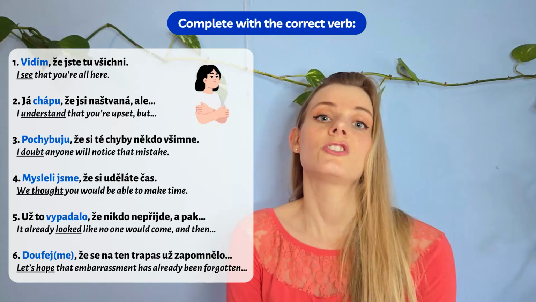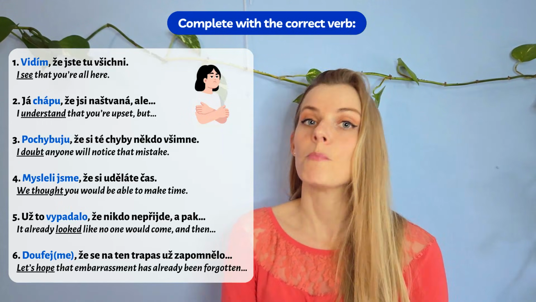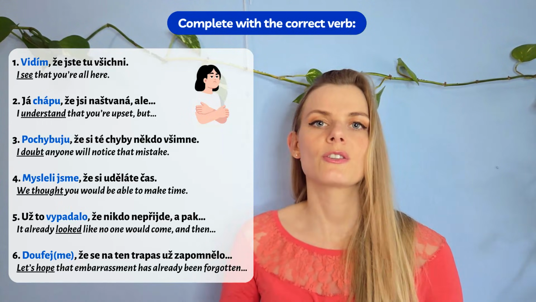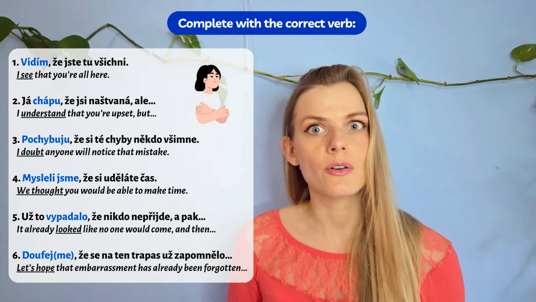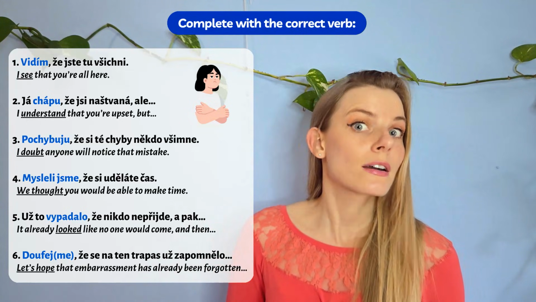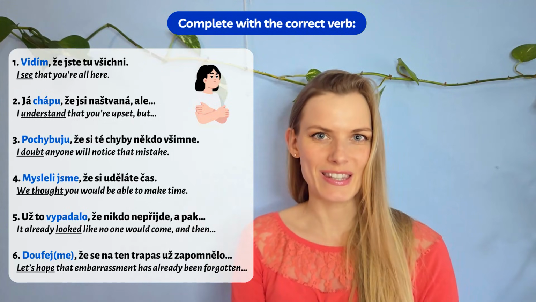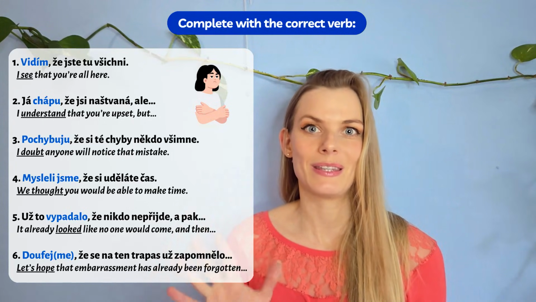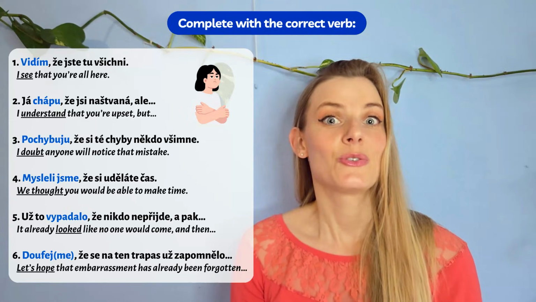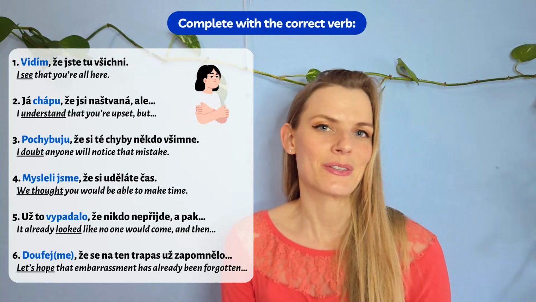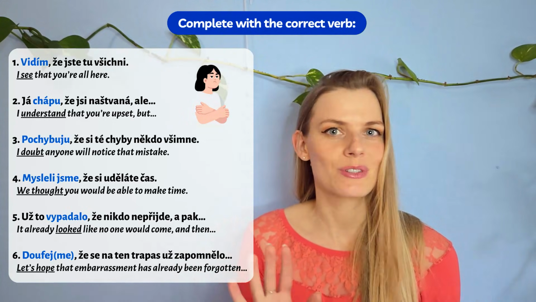Mysleli jsme, že si uděláte čas. Mysleli jsme. Číslo 5. Už to vypadalo, že nikdo nepřijde. Už to vypadalo, že. Číslo 6. Poslední. Doufej, že se na ten trapas už zapomnělo. Doufej, that's the imperative. Doufej, že se na ten trapas už zapomnělo.